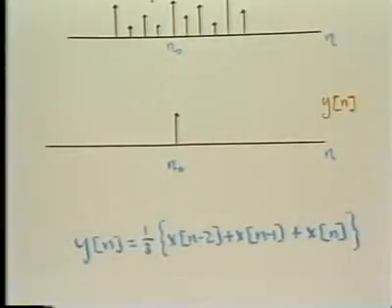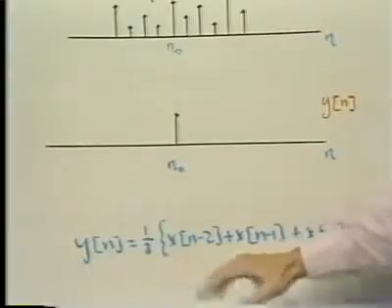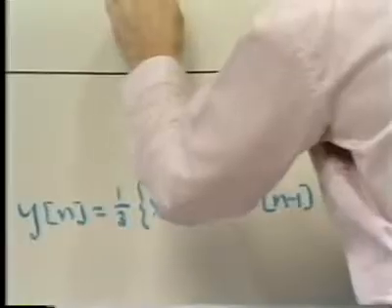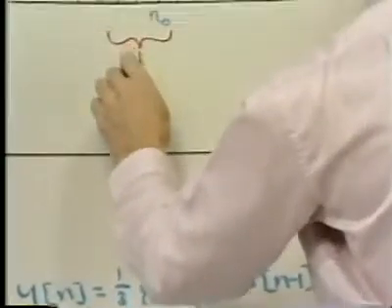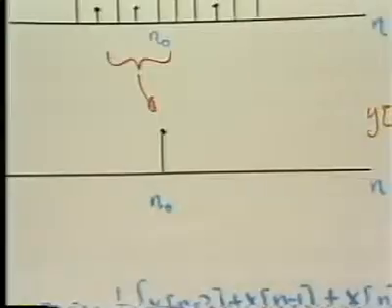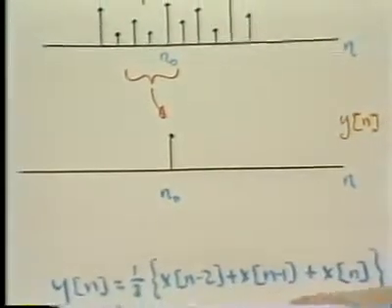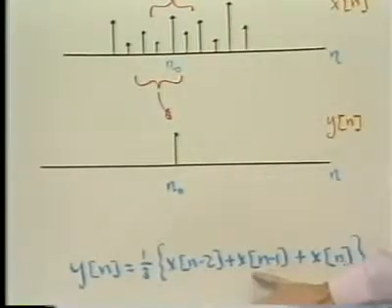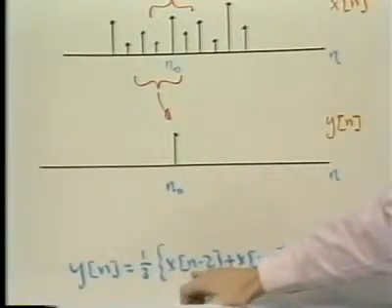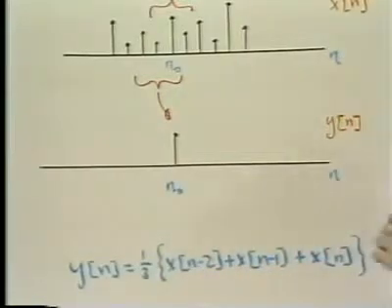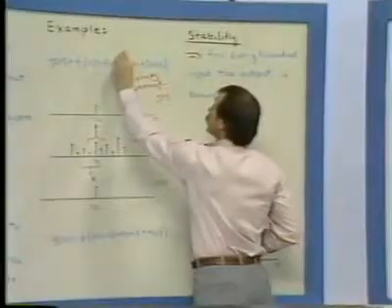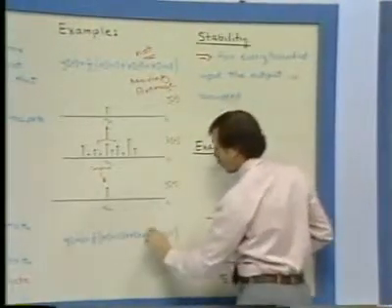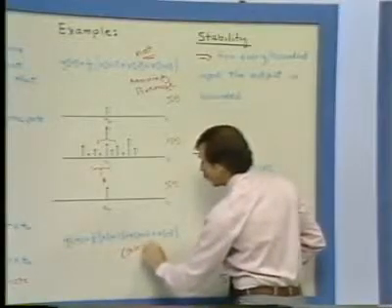And in this case, because of the way in which I've picked the values, the output depends on the value at n0, the value at n0 minus 1, and the value at n0 minus 2. So y of n0 would depend here on x of n0, x of n0 minus 1, and x of n0 minus 2. And so in this case, the system is not causal, and in this case, the system is causal.